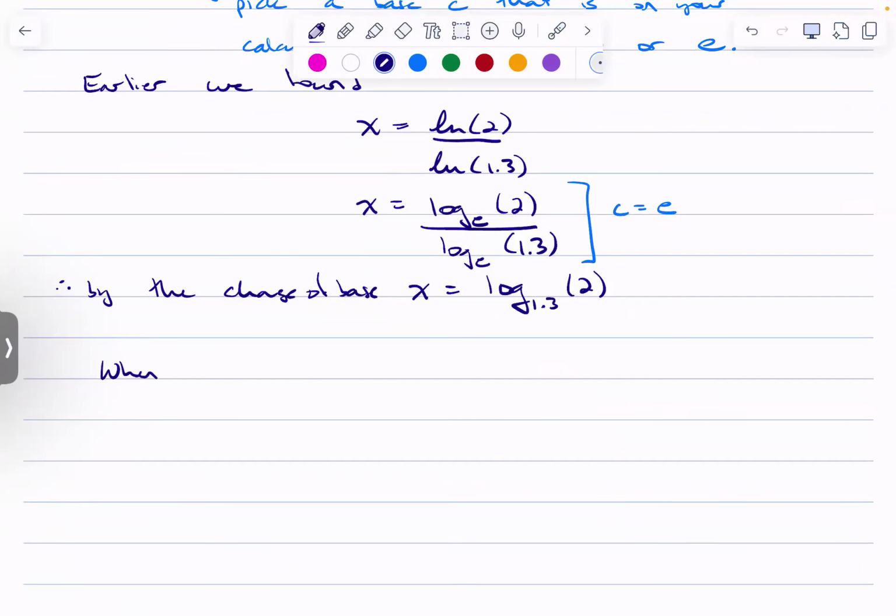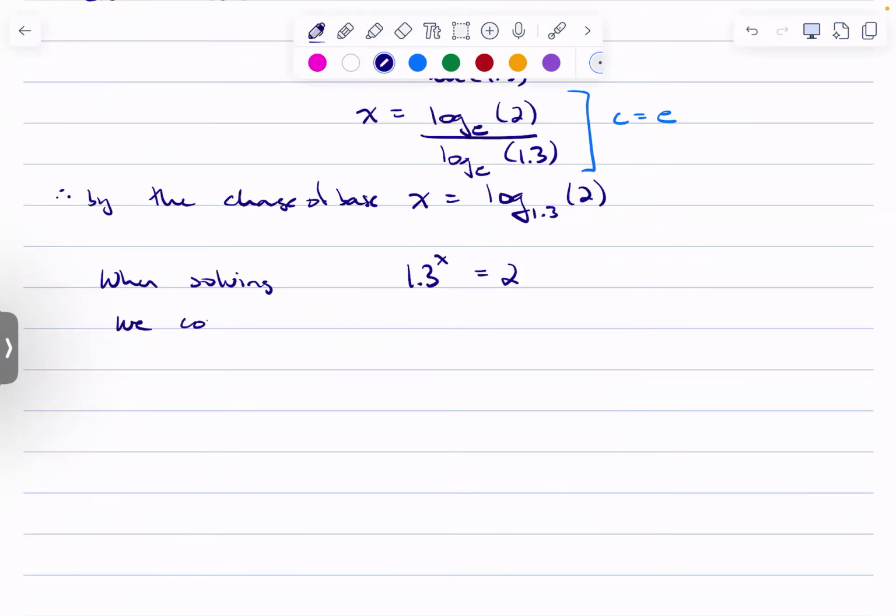So when solving 1.3 to the x is equal to 2, let's start there. We could have used log base 1.3 of 1.3 to the x is equal to the log base 1.3 of 2. So we could have used the log base 1.3 to match the base in the exponent.